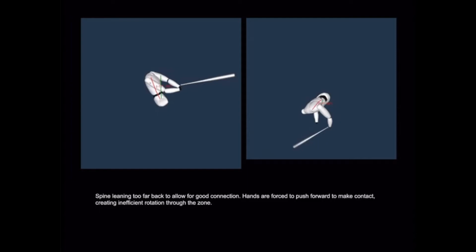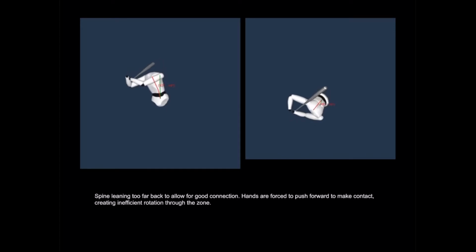The red line shows you how the spine moves from the starting position while we rotate. Ideally, once rotation begins and the hinge is set in the hips, the spine remains stable, allowing the bat and shoulders to rotate around it. Our hitter is leaning backwards and losing his posture during the rotation.